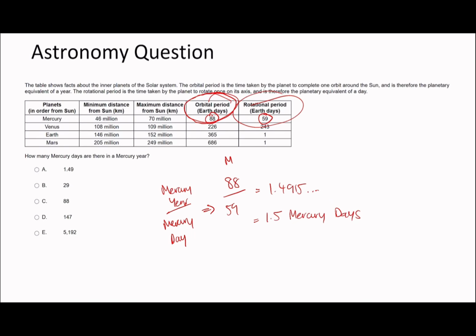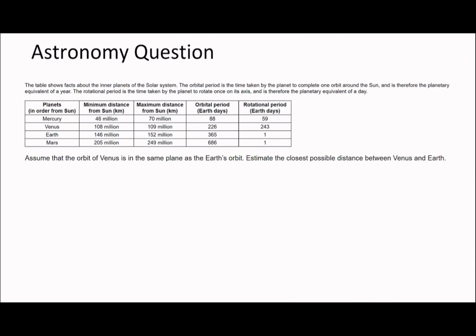Makes sense? Once again, it's not necessarily too difficult. It's just about making sure that you get your numbers the right way around and you're doing the right divisions. Okay, cool. So let's go on to the next question then.